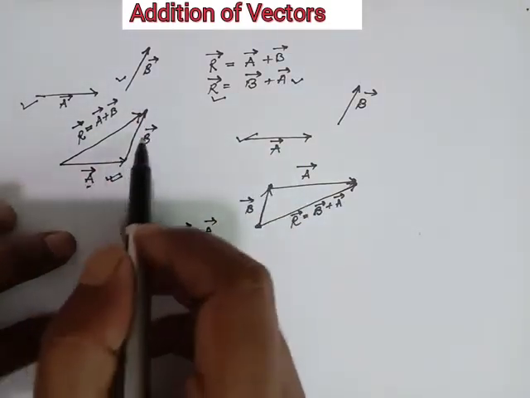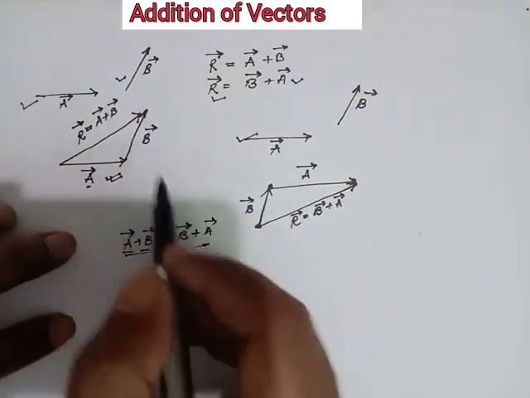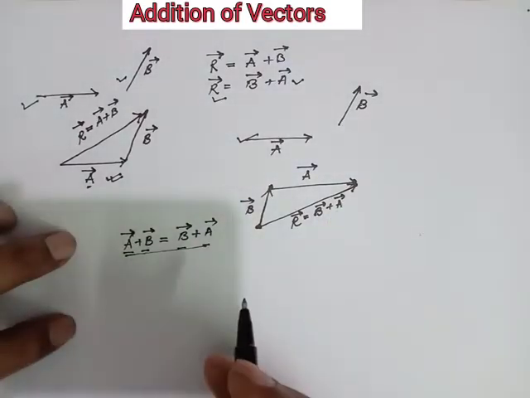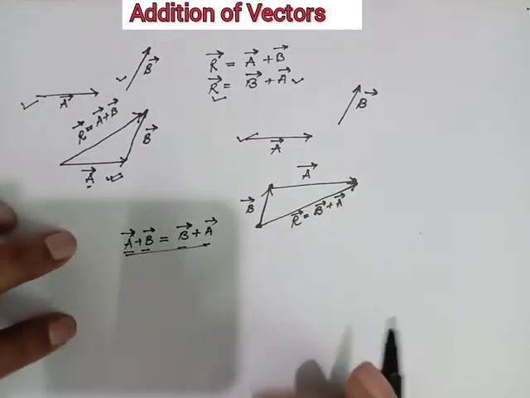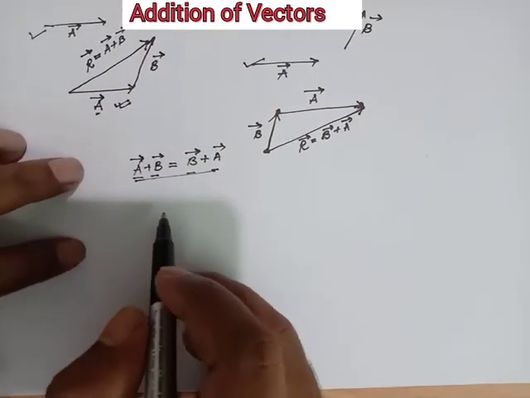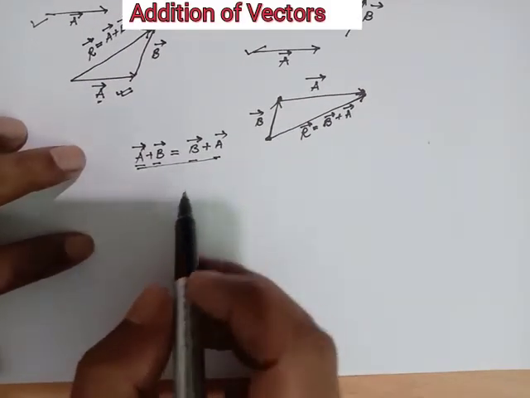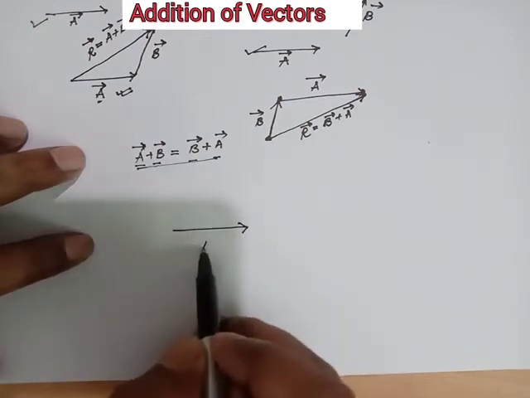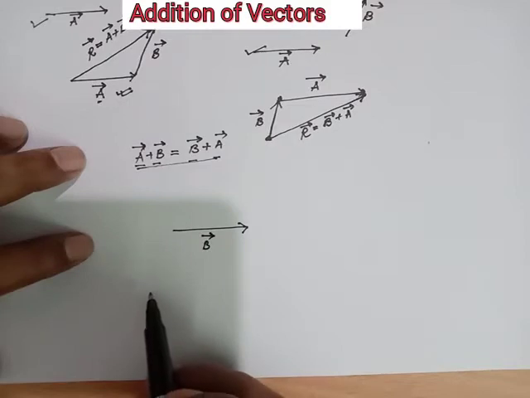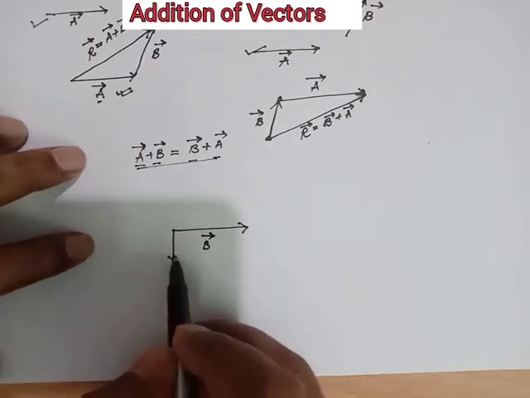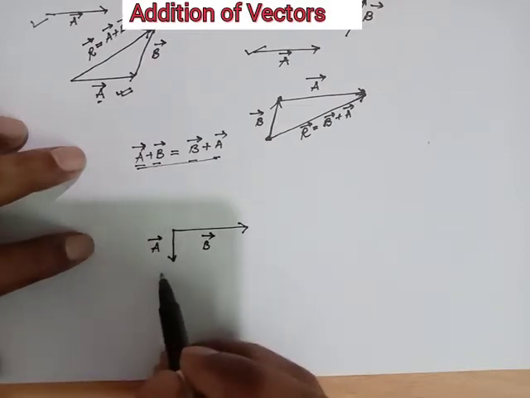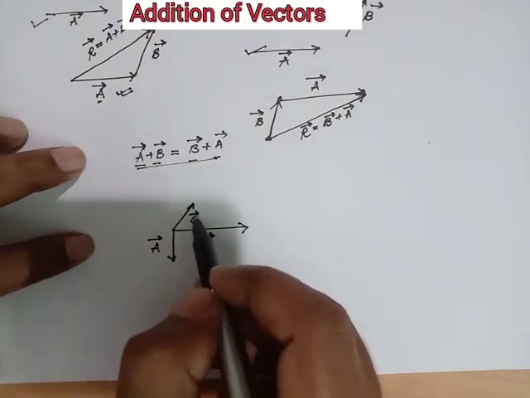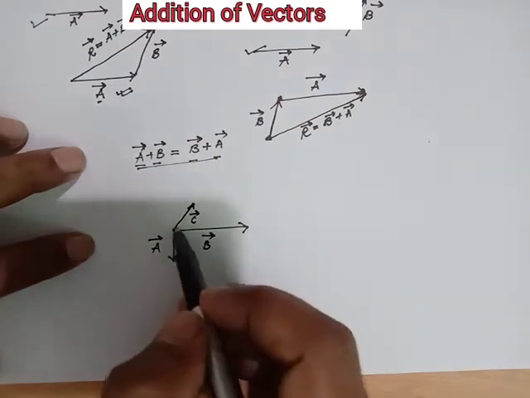All right, let us take some complicated case. This is only one and two vectors I have taken, either A, B, here also A, B. Correct? If it is more than two vectors, then let us take an example over here. Say this is a B vector. Let me take another vector, say A vector, for example, and say there is a small vector, that's a C vector, and there is another vector.